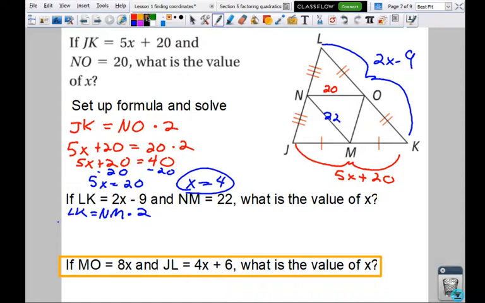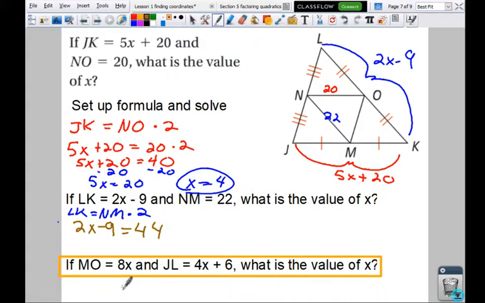After I set up my formula, I need to fill in numbers. What am I filling in for LK? 2x minus 9. And then keep going. What am I going to put in for NM? 22. But let's save ourselves some time. It's going to be 22 times 2, which is really 44. And now it's just a two-step problem.